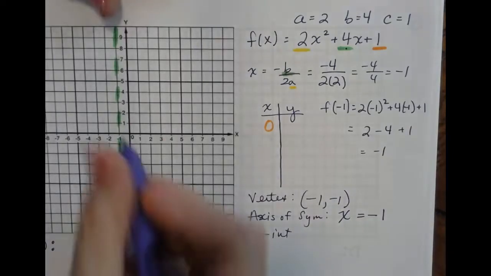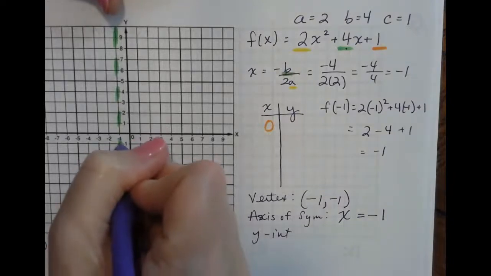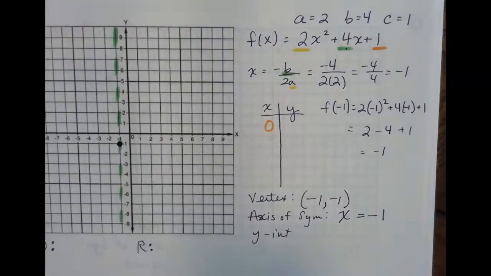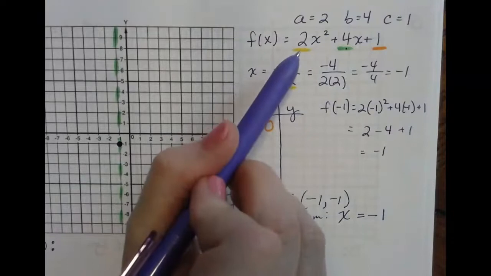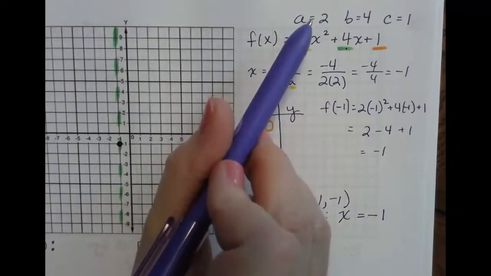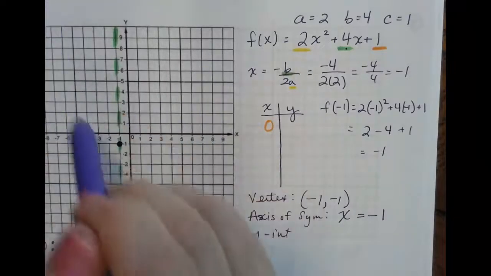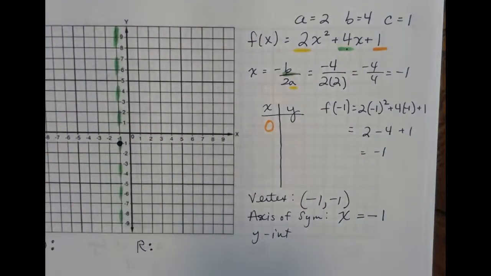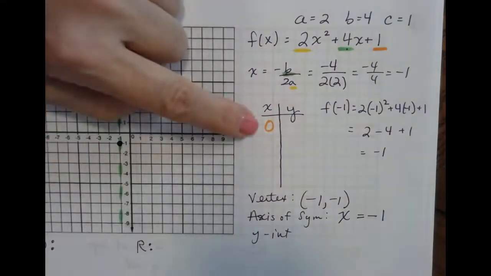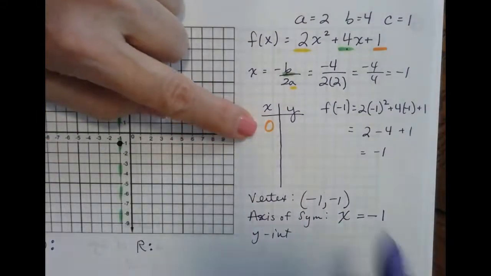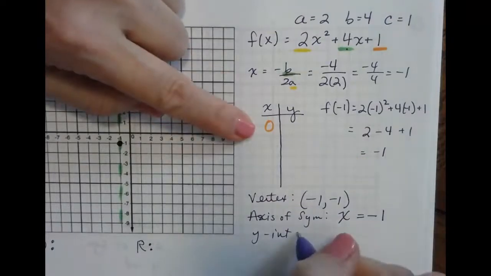So let's plot that point. Back 1, down 1. Now, what was our A value? Our A value is positive 2, which means our parabola is going to be opening up. Now, the next easiest thing that we can find, and I have it highlighted in orange here, is to let x be 0, and that is going to tell us our y-intercept.